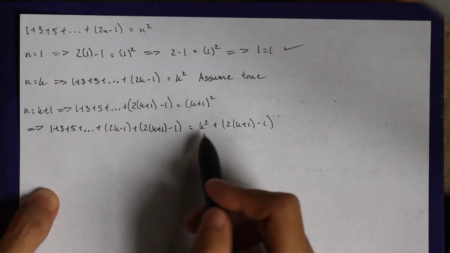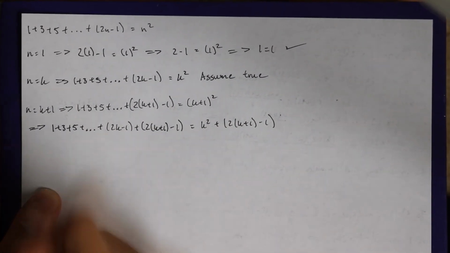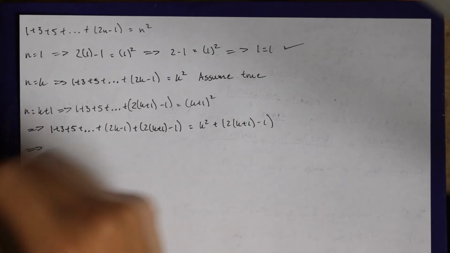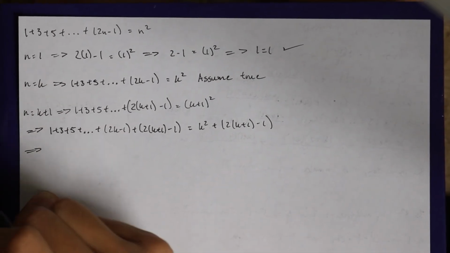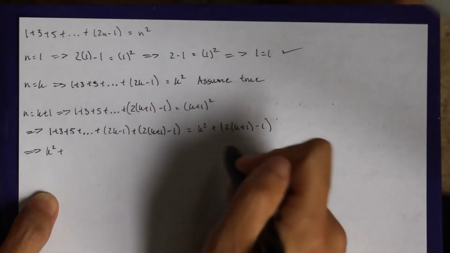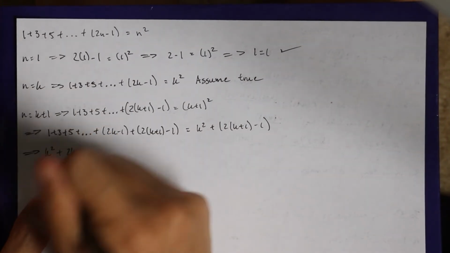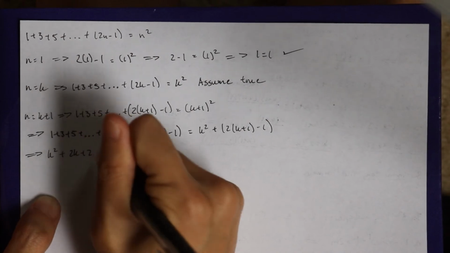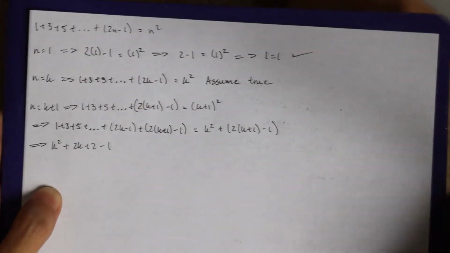So now we have k squared plus, using distributive properties, 2k plus 2 minus 1.